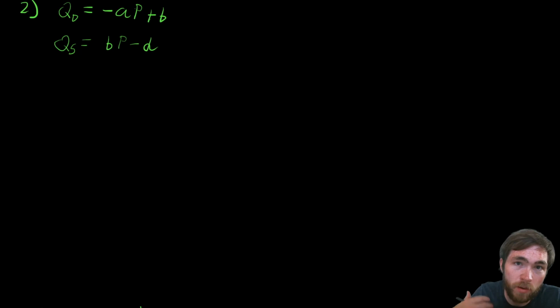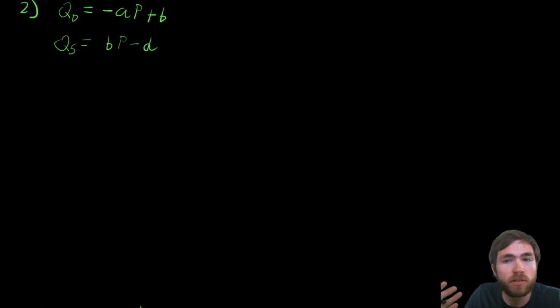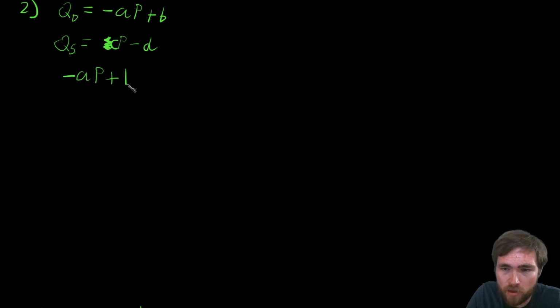Here is a little bit more complicated version where we don't have specific numbers, but we've got these parameters, lowercase a, b, c, and d. Oh, this b should be a c. So just like before, we set these equal to one another. Negative AP plus B is equal to CP minus D. And just like before, we want to get all of the P's on one side.